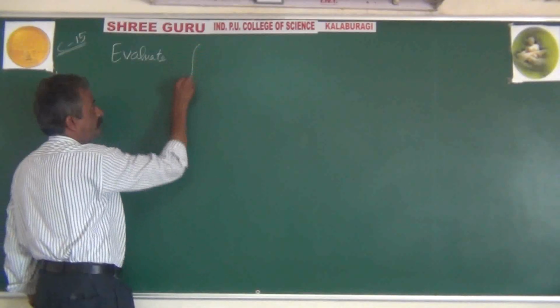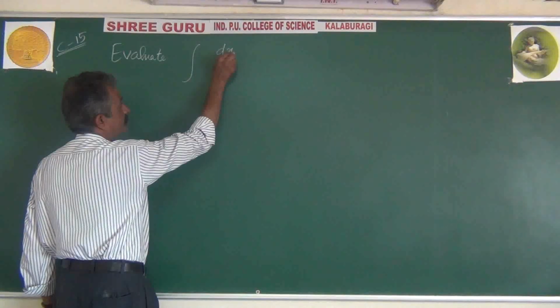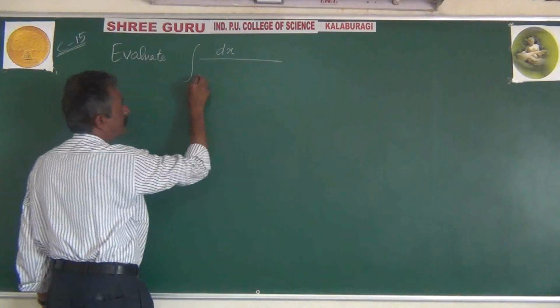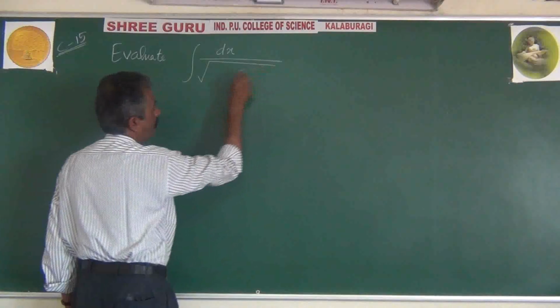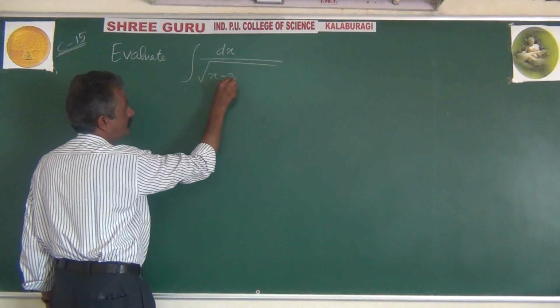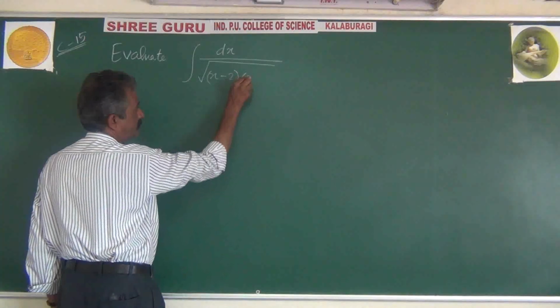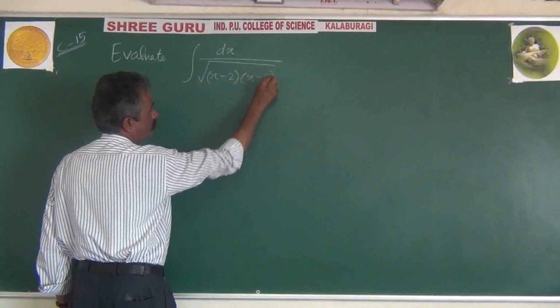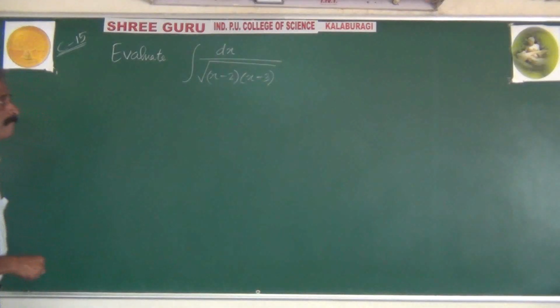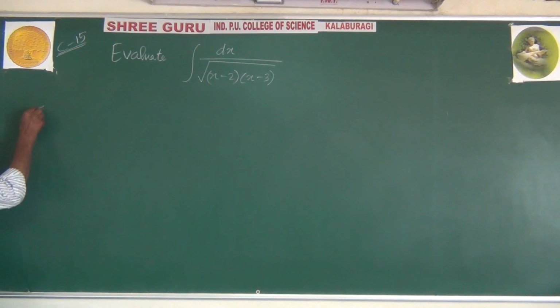Evaluate the integration of dx divided by the square root of (x minus 2) into (x minus 3). First step, as usual, we begin the computation.